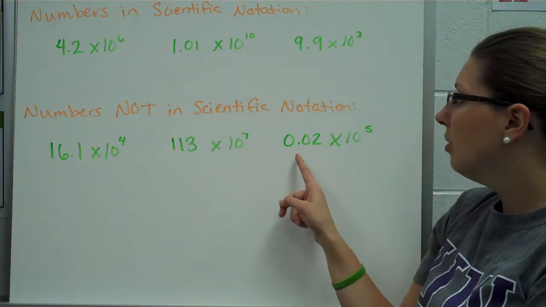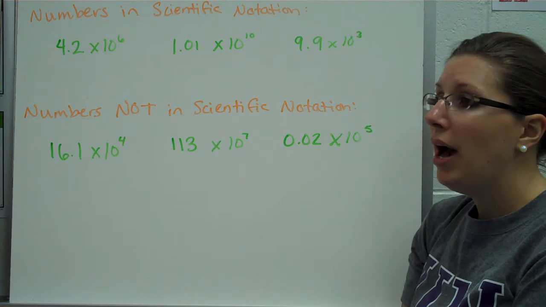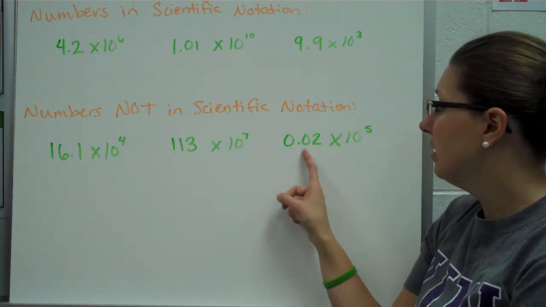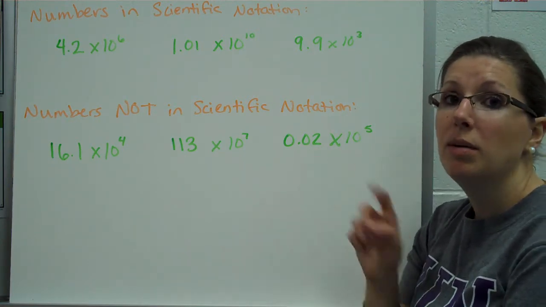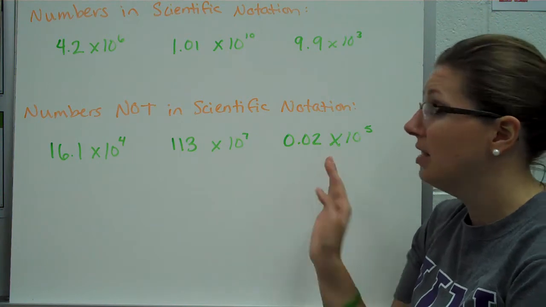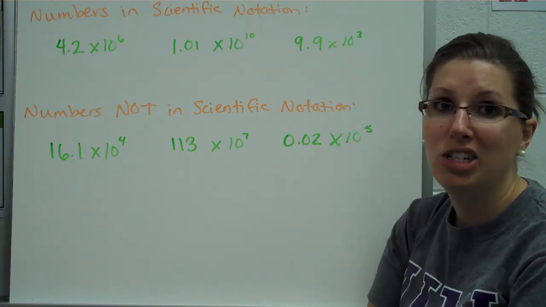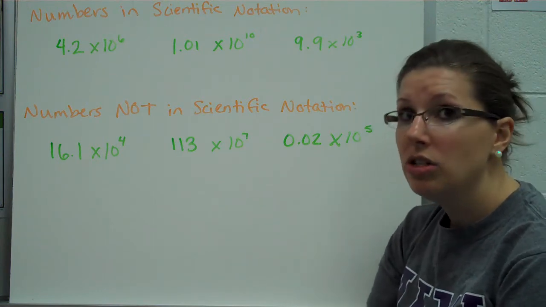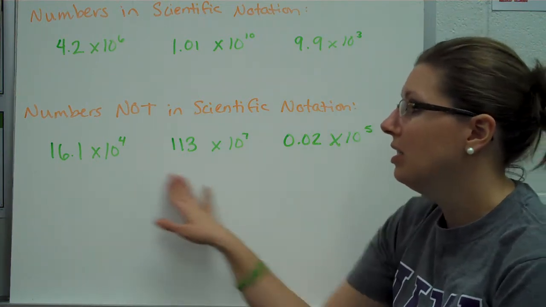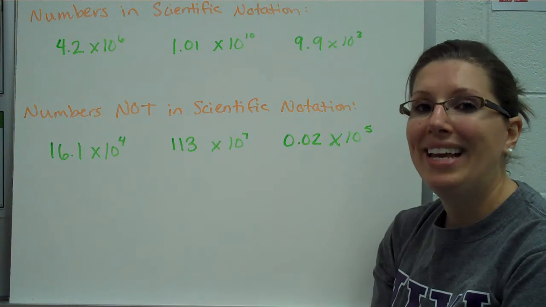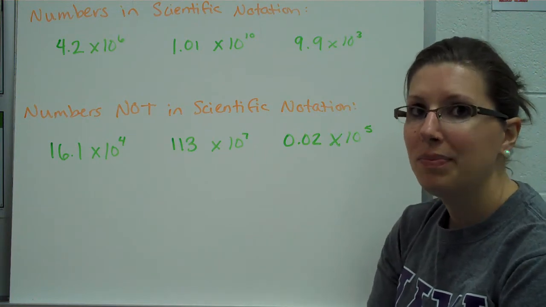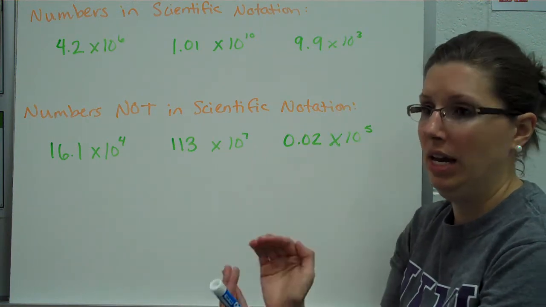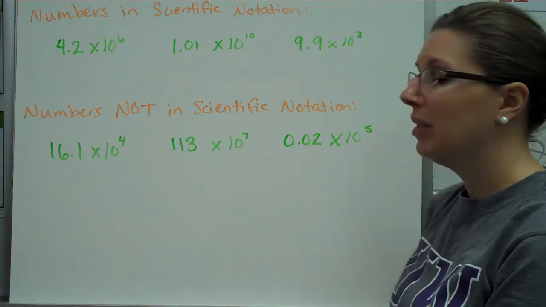And then 0.02 times 10 to the 5th power, that is a number smaller than 1, so this number does not fit into scientific notation either. I'll show you in a future video how to change numbers that are not in scientific notation to a number that is in scientific notation without expanding it and then shortening it back.